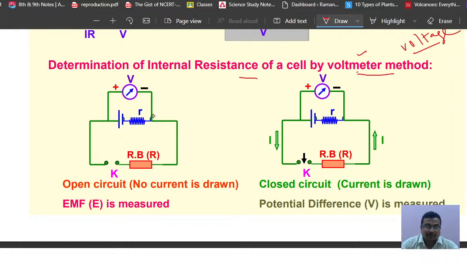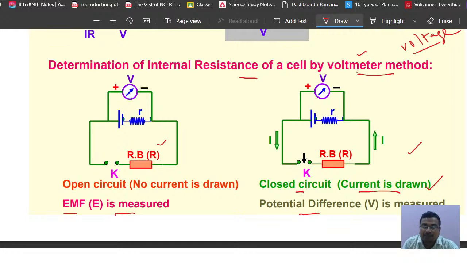Here we have the voltmeter connected in parallel, the battery, the resistance box, and the key. With the circuit open, no current is drawn, and we want to measure the EMF. When the circuit is closed, current is passed, and we are measuring the potential difference. I have just told you the difference between electromotive force and potential difference. Potential difference is the difference between the two terminals when current is passed, when the circuit is closed.